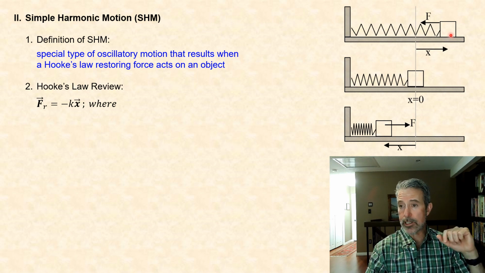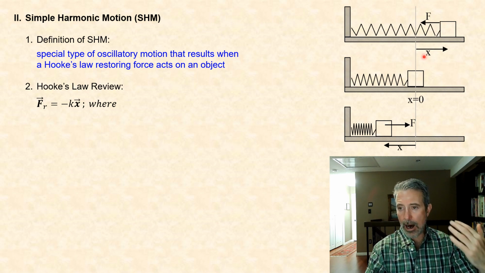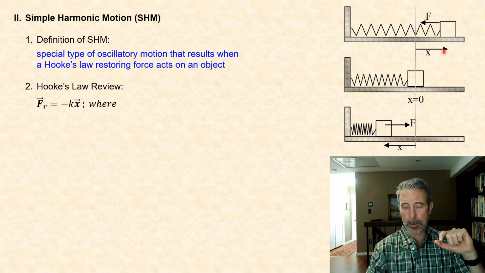You will notice in the top picture here, when the spring is now stretched to the right, the force that the spring exerts back on the object, symbolized here with F, is opposite the direction of the displacement. So you see here that it satisfies the criterion that the restoring force has to be opposite the displacement.